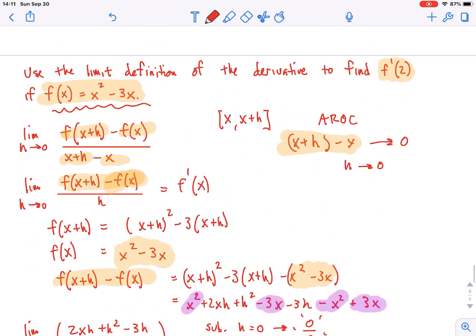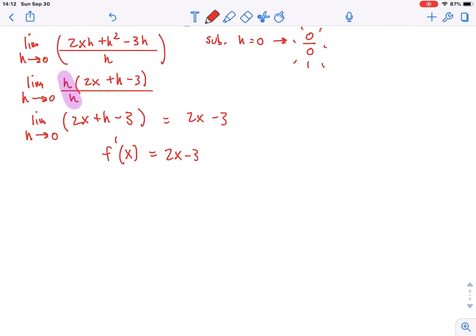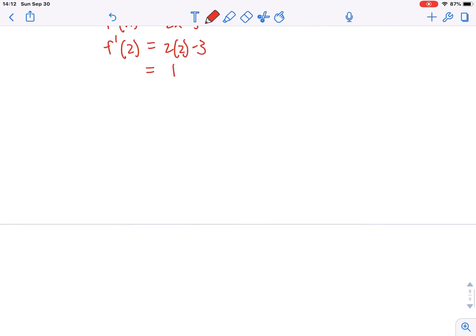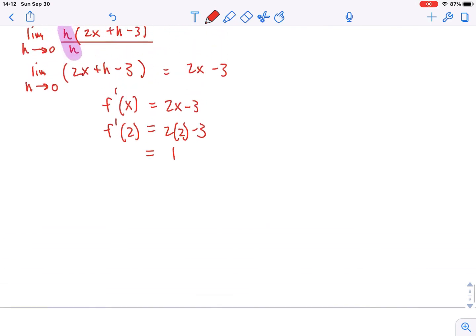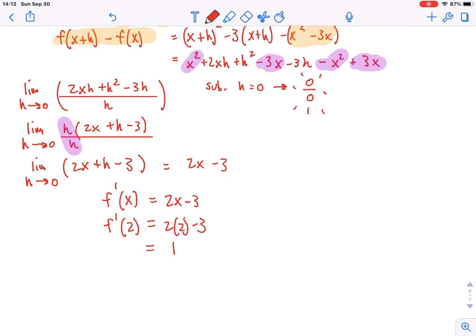But this question is asking us to find f prime of 2. So let's evaluate this. F prime of 2 is going to be just this result evaluated at 2. So 2 times 2 minus 3, which gives us 1. So that is one form of using the limit definition of the derivative to evaluate the derivative at a particular x value.